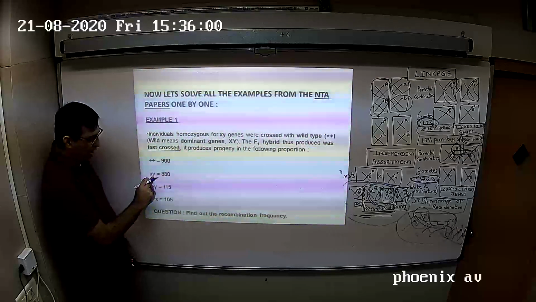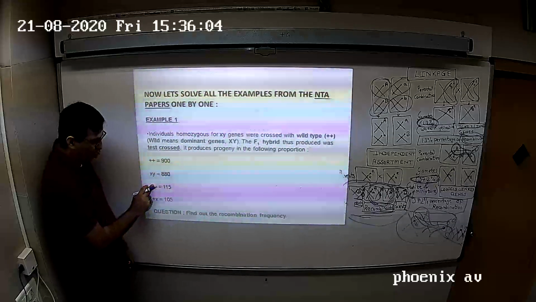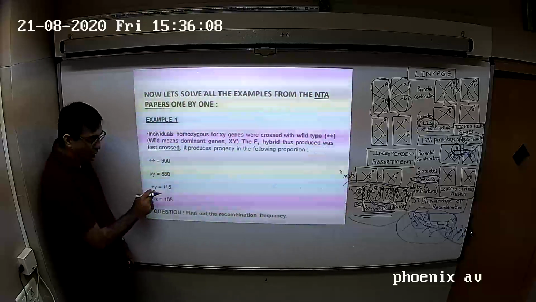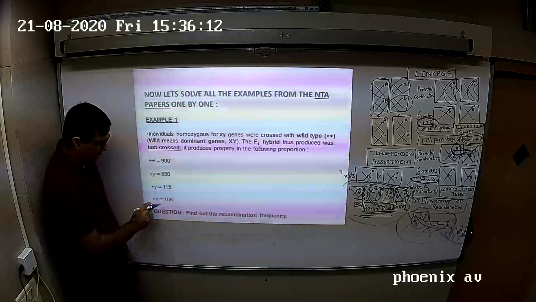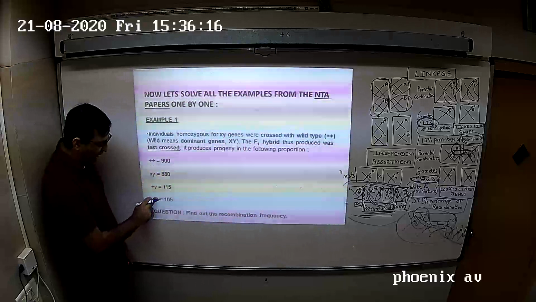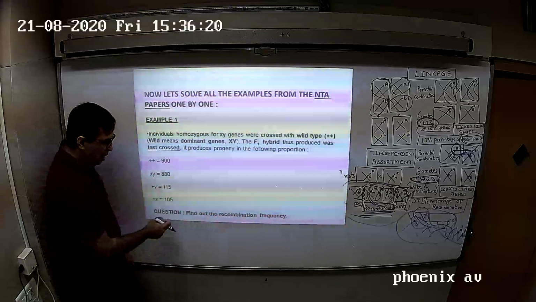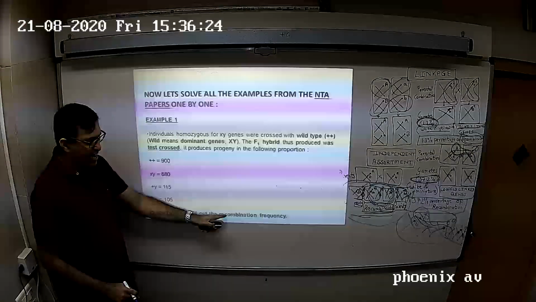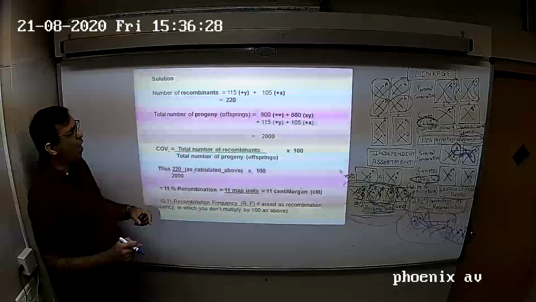Small x small y 880 parental. Plus y, in other words capital X small y, 115 recombinant. Plus x, in other words capital Y small x, 105 recombinant. Find out the recombination frequency.